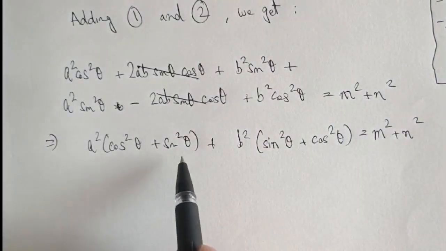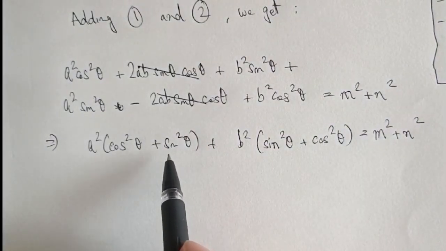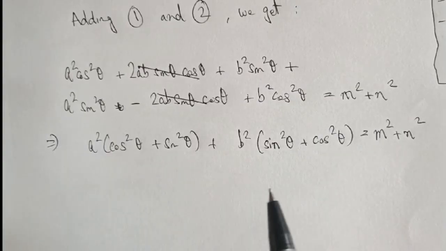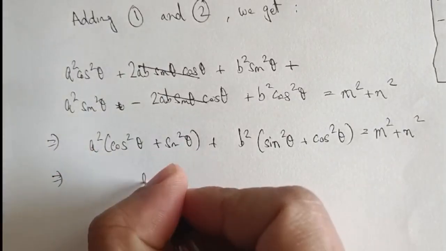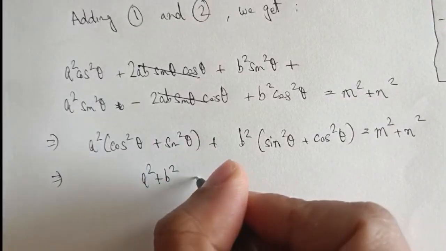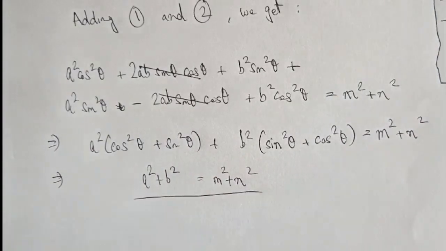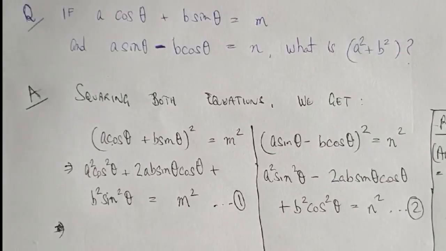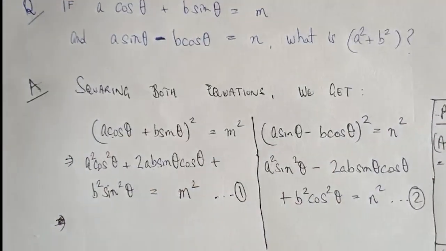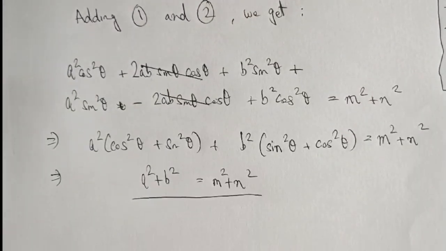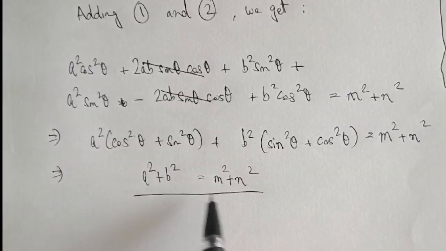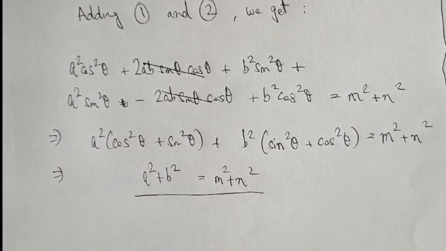Now we all know that cos squared theta plus sin squared theta for any theta is equal to 1. So that gives us a squared plus b squared is nothing but m squared plus n squared. So the answer to our question, what is a squared plus b squared? Forget all the thetas, forget the sines and the cosines. It is simply equal to m squared plus n squared.